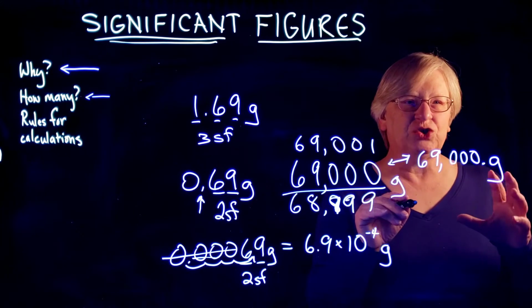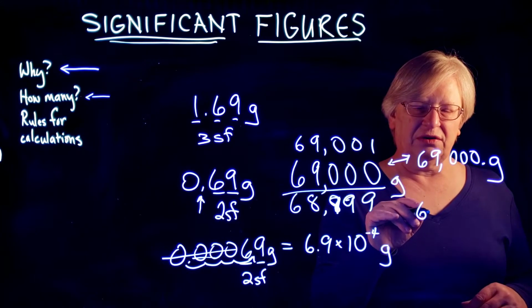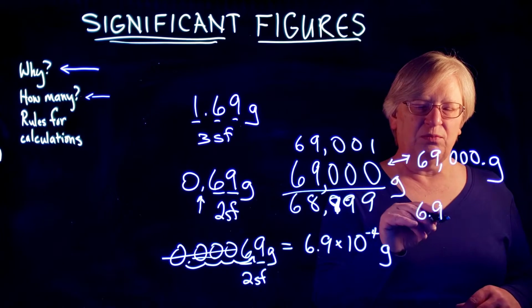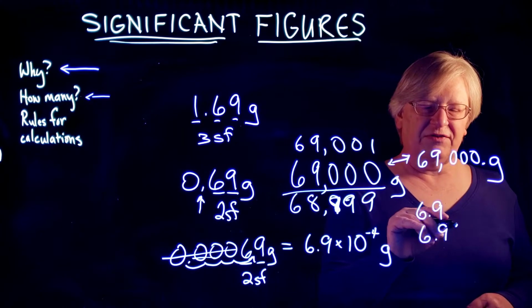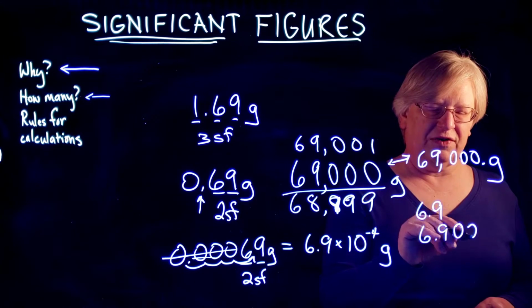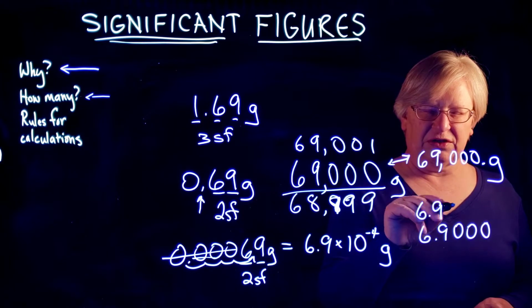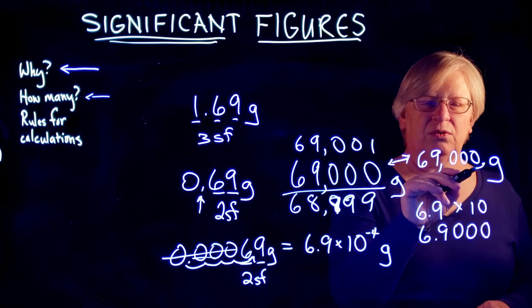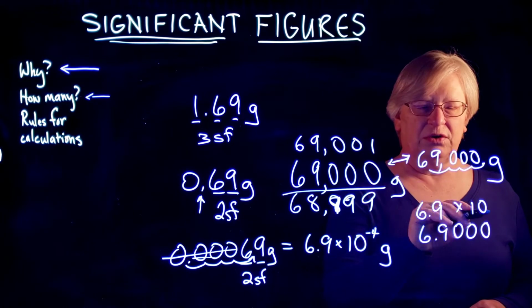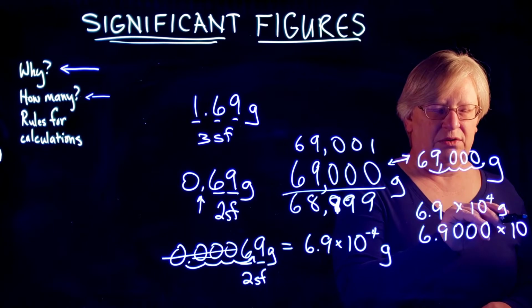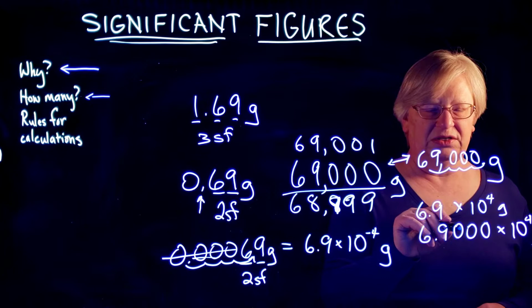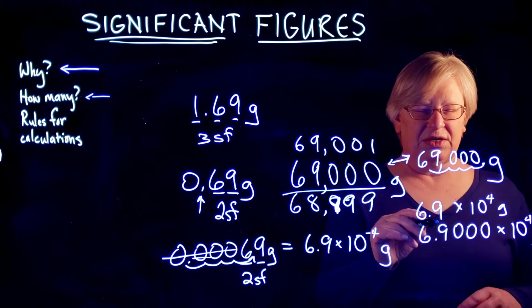So the only sure way to show that you don't mean 2 significant figures, that you really mean 5 significant figures, 1, 2, 3, 4, 5, is to put it in scientific notation. So we have 6.9 times 10 to the 4th grams, or 6.9000 times 10 to the 4th grams.